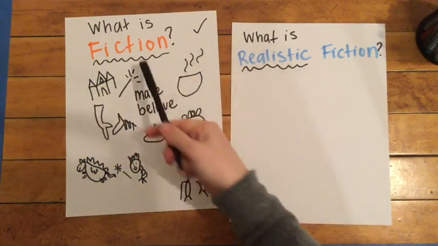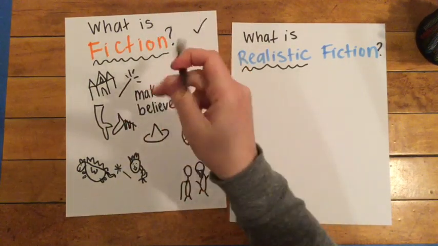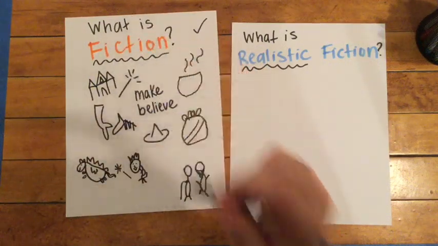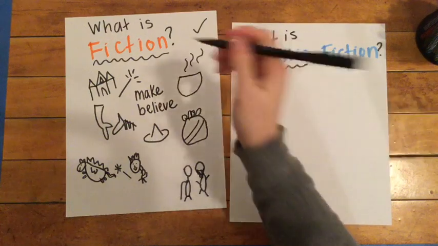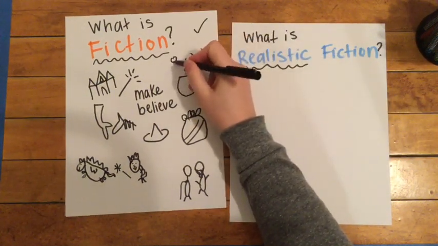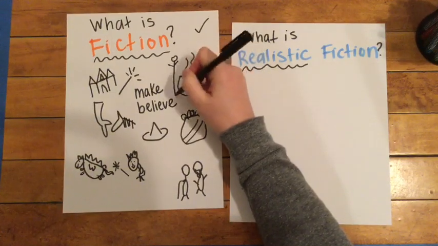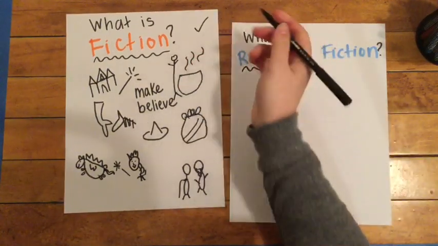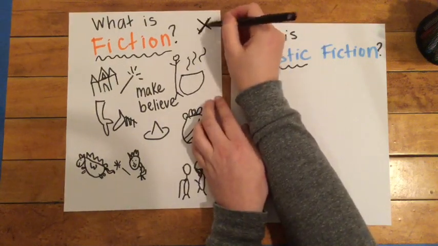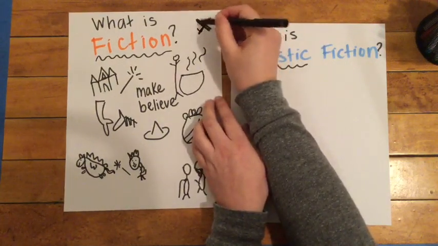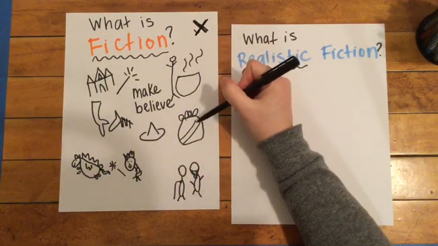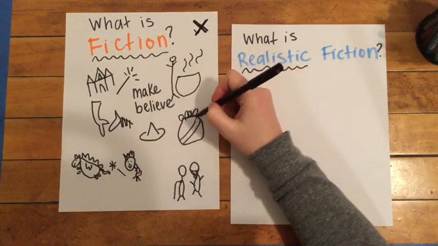So, fiction is make-believe. It usually has some sort of magic in it too for what is fiction. So for George's Marvelous Medicine, we had a character, Grandma, who got really, really tall. Could this happen in real life? No, that could not happen in real life. In My Father's Dragon, in the end, he flies away with his dragon.